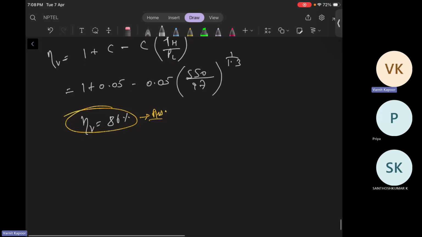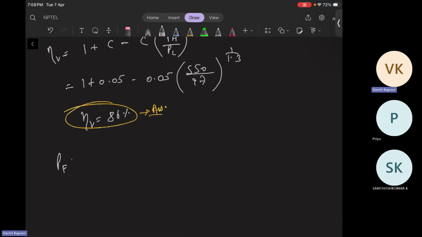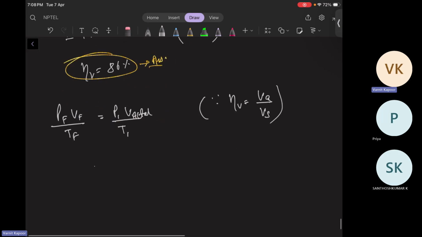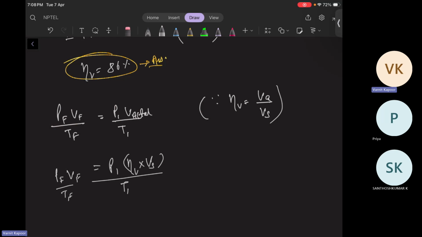Then free air delivery condition has been asked. So we can write P final V final by T final is nothing but P1 V1 by T1. And this is nothing but your actual. Okay. So how you will get your actual, since volumetric efficiency is V actual by V swept. So you can write P1 times volumetric efficiency times V swept by T1 equals P final V final by T final. Okay.